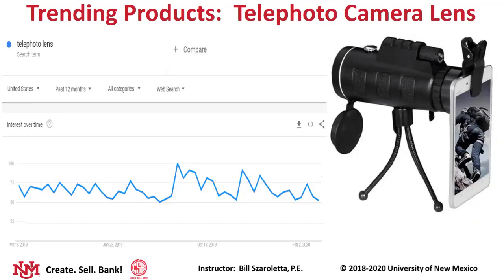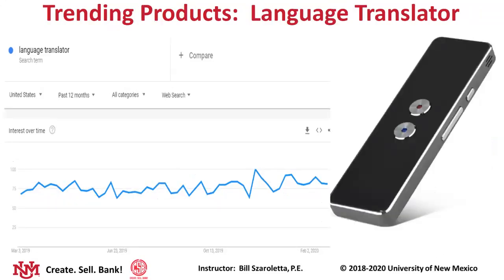Telephoto camera lens, again, that's above 50, and it's up and down, and it jumps up. And if you look at that, that's late summer, that it jumps up. Language translator.